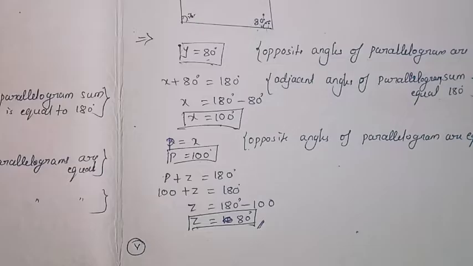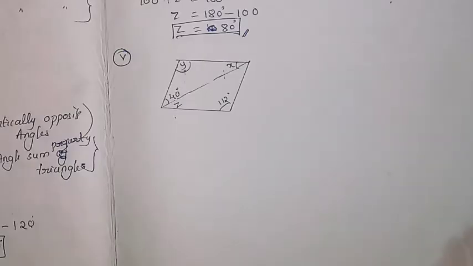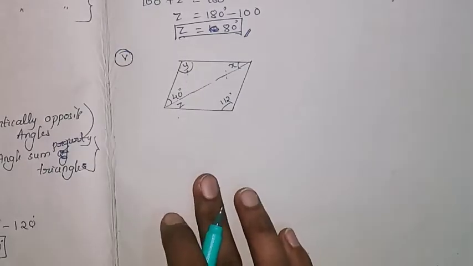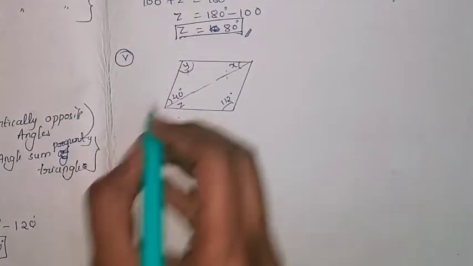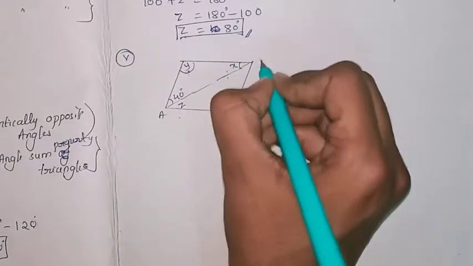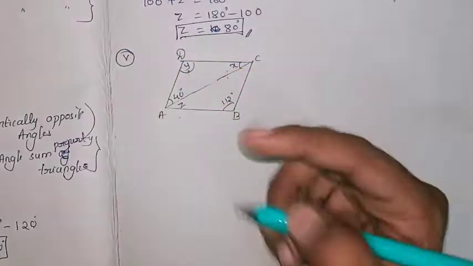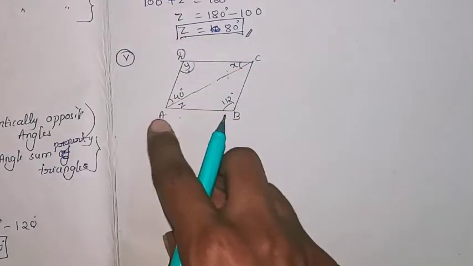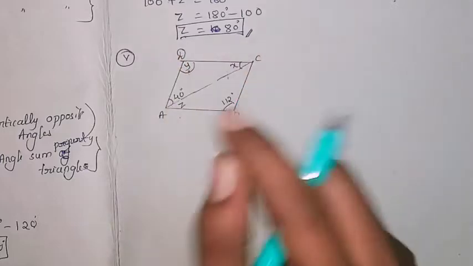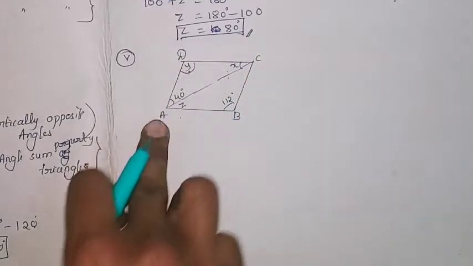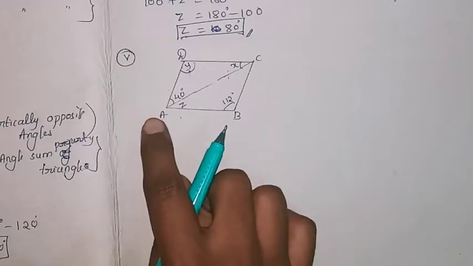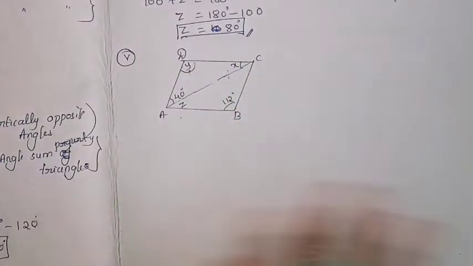Let's move towards the fifth one. Here is the fifth problem. They have given a parallelogram, but they have not given the naming, so we will just write it down as A, B, C, D. Remember that whenever we are writing the parallelogram, we write parallelogram A, B, C, D. We can also call it A, D, C, B. Don't read it like parallelogram A, C, D, B. It is not right.